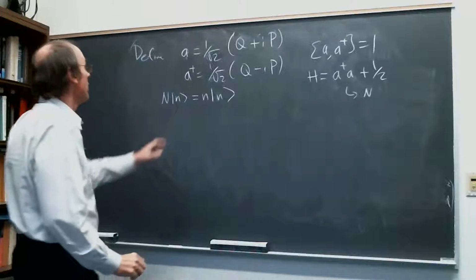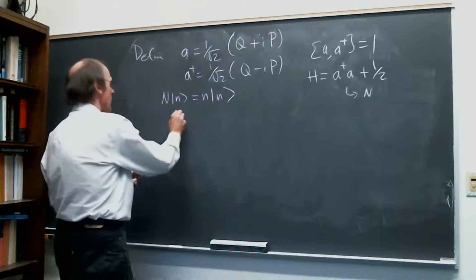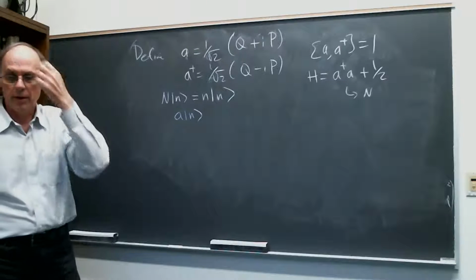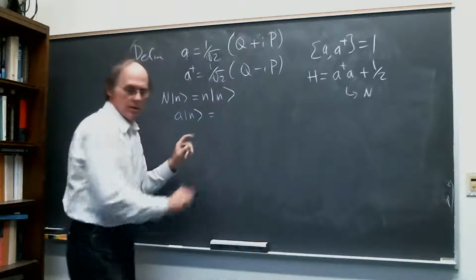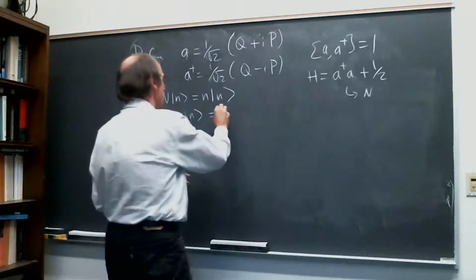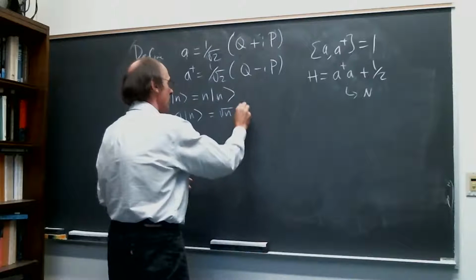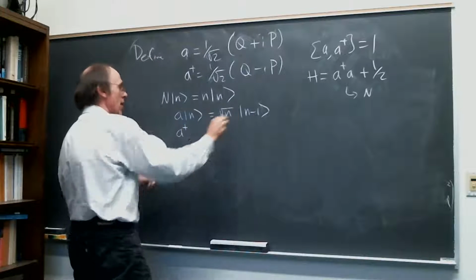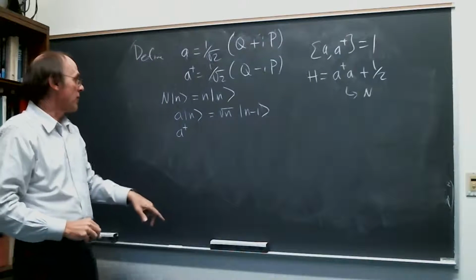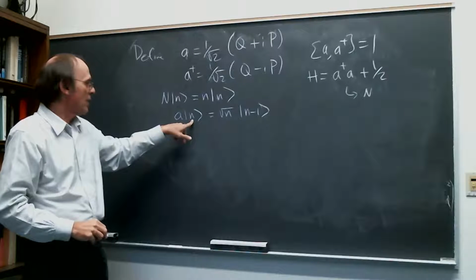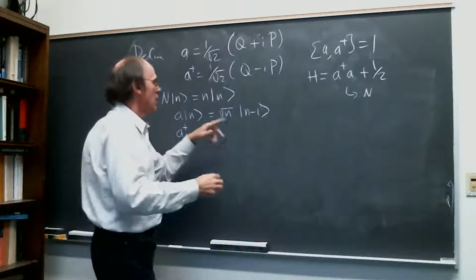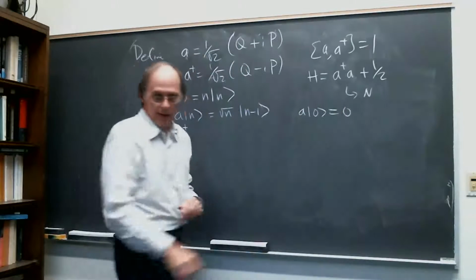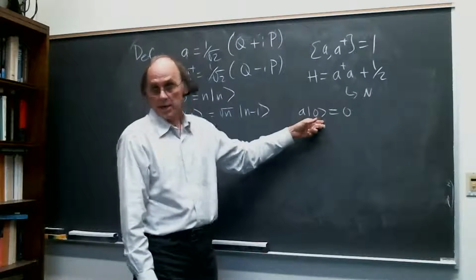Okay, and then these other things are so-called raising and lowering operators. If you take A and apply it to the state n, you get the square root of n times the state n minus 1. That's a lowering operator; it reduces it by 1. And crucially, it annihilates the lowest energy state.